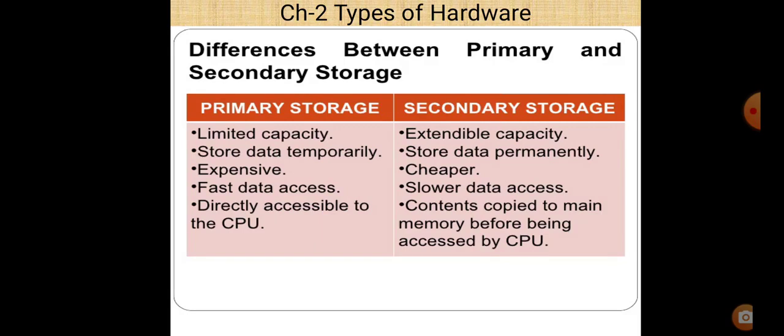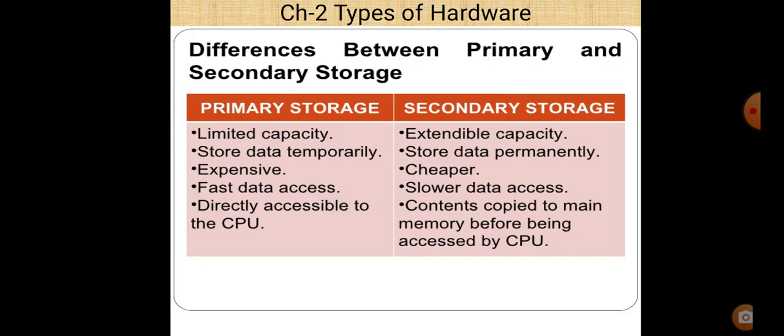So data goes from the secondary storage to primary storage and then to the CPU. The CPU cannot directly access data from secondary storage. So this is the difference between primary storage and secondary storage in our computer system.